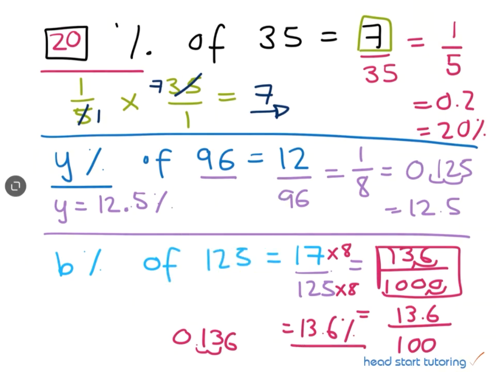So as we can see, B is equal to 13.6%. So if you were to plug in 13.6 there, we would work out that 13.6% of 125 is 17.